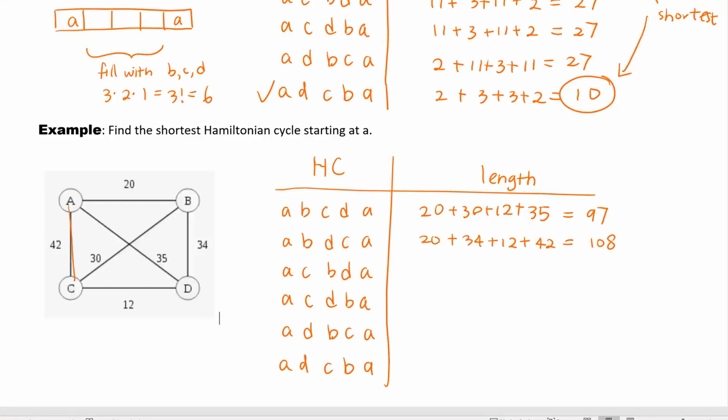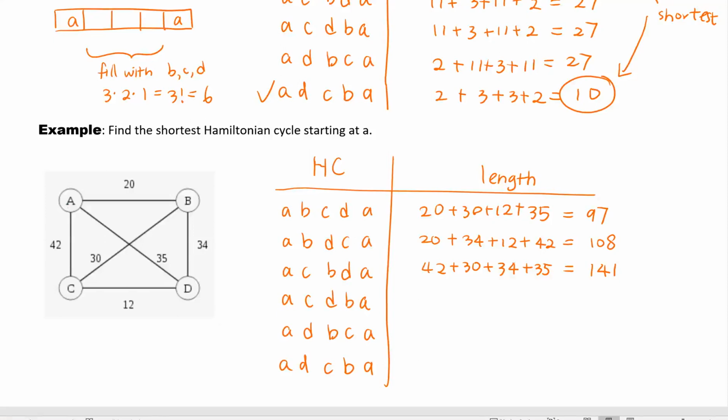A, C, B, D, A. AC, 42, 30, 34, 35. Big number. So 72, 106, 141. So far, so good, everybody.